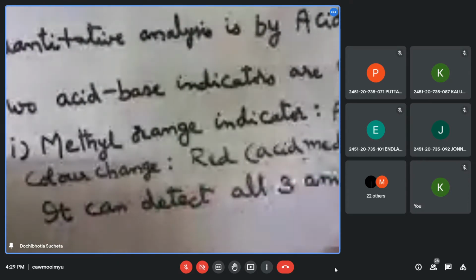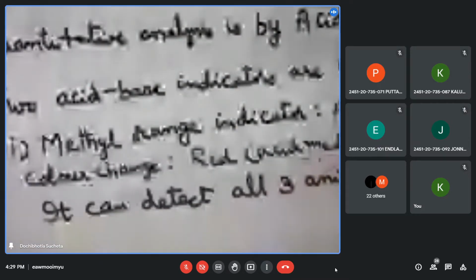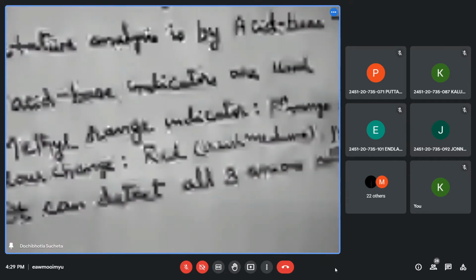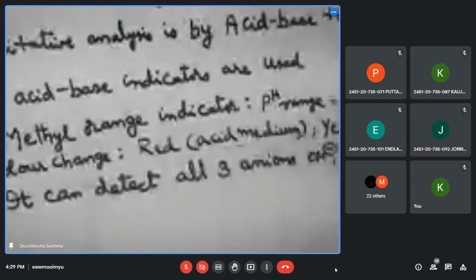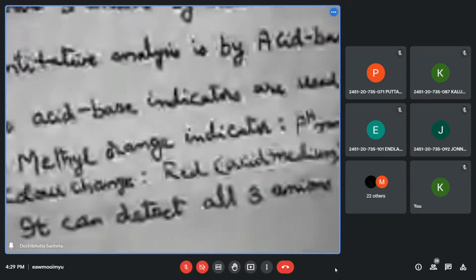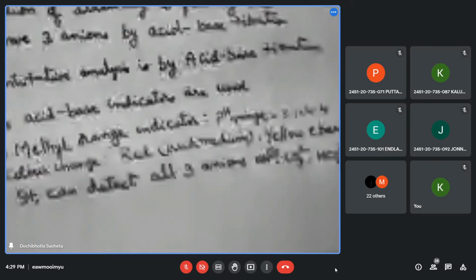That is OH minus, carbonate CO3 2 minus, and HCO3 minus. So it can detect all the three anions. Hope you are able to see the board.